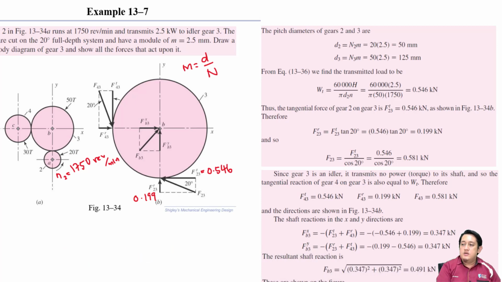Cosine 20 is equal to FT over F23. Then we can calculate F23 by bringing F23 to the other side. The value of F23 is 0.581 kilonewton.